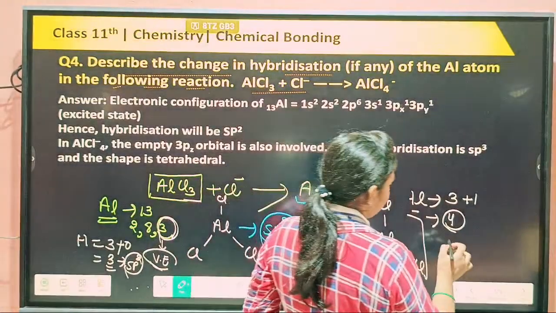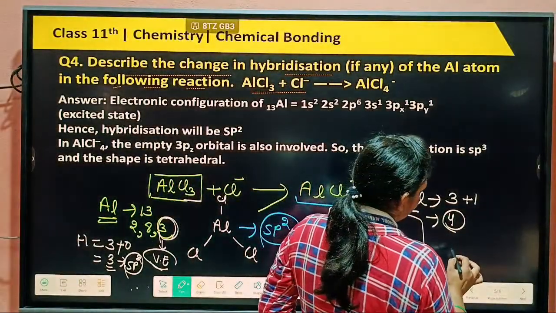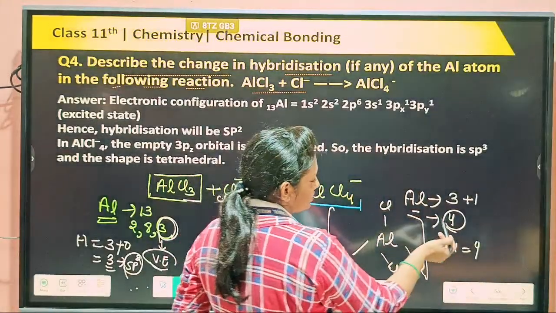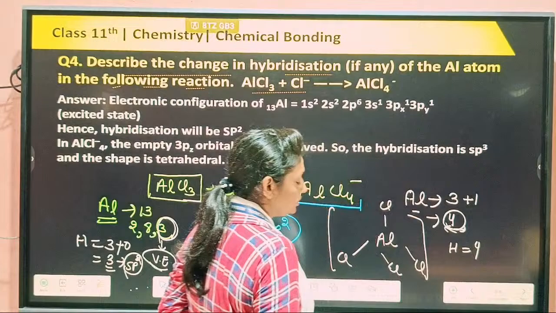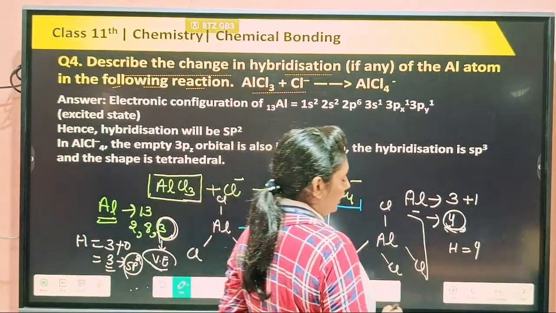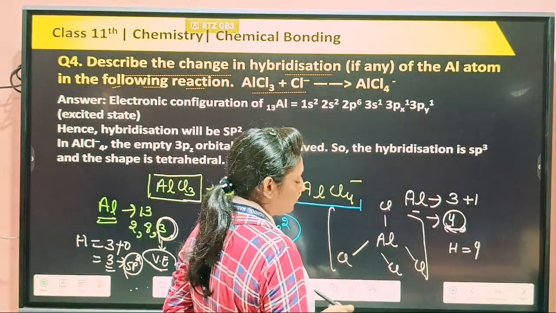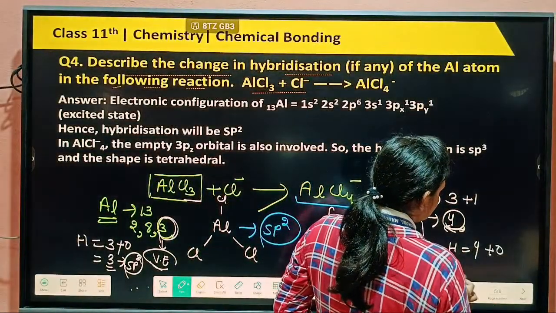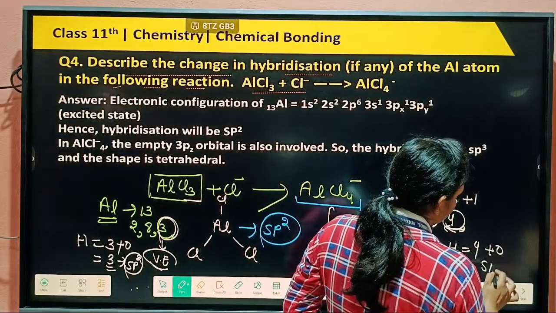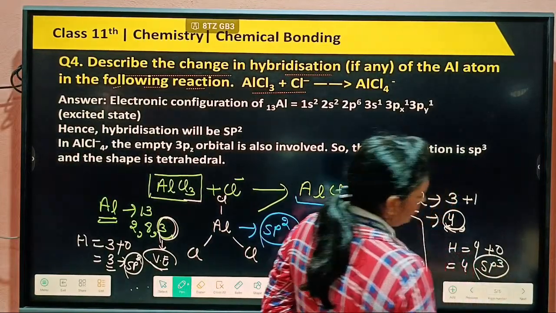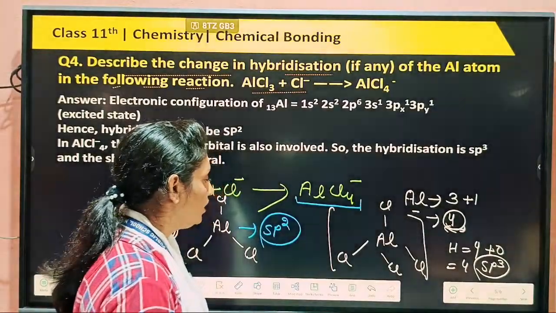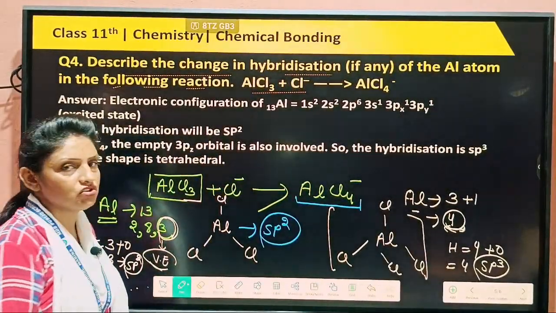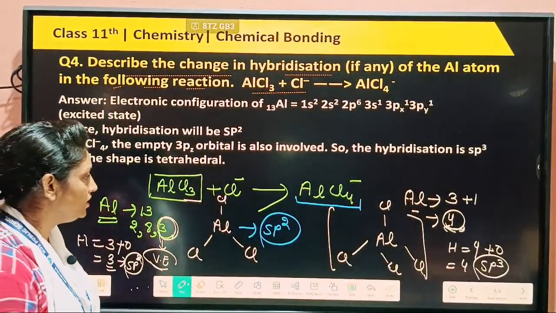Here students, the number of bonded atoms is 4. No lone pair is here because it can form a maximum of 4 bonds, and already 4 electrons are consumed in bond formation. So lone pair is 0, the sum is 4, and a sum of 4 means hybridization will be sp3. So students, you can see the change in hybridization.